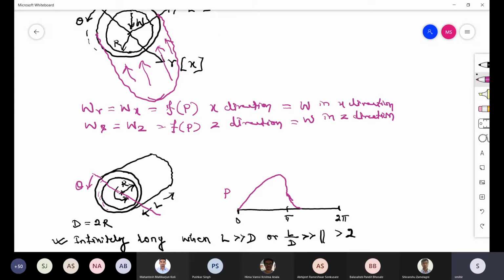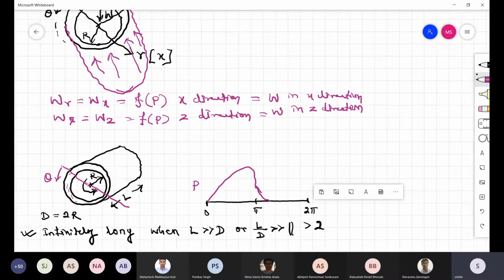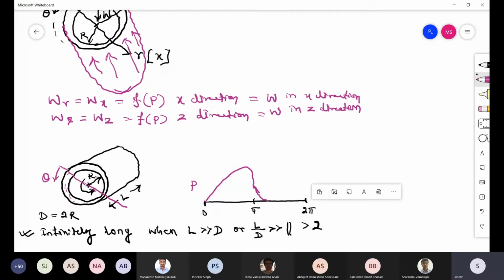Now what is happening in infinite long? If it is really long, what is happening in z direction? Now if you want to plot really in z direction, let me plot here in z direction. See, we are not calculating anything in z direction, but still let me draw this in z direction.